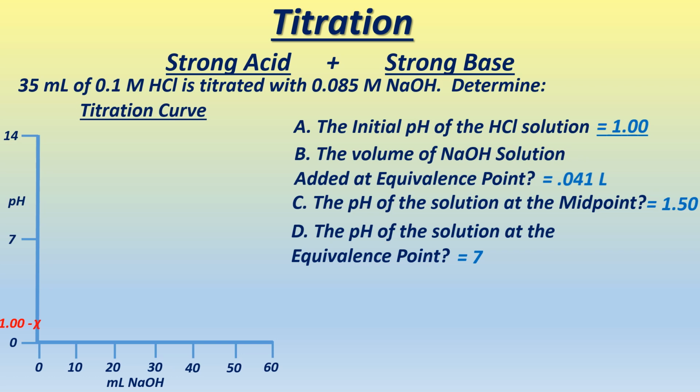At the midpoint, approximately 20 milliliters in, the pH is now 1.5. And at the equivalence point, at 41 milliliters, the pH will be 7. Taking all the points in between with a strong acid and a strong base, one winds up with a very symmetric S-shaped curve.